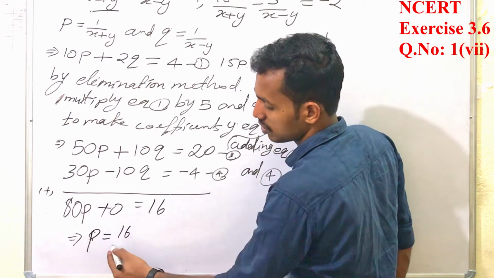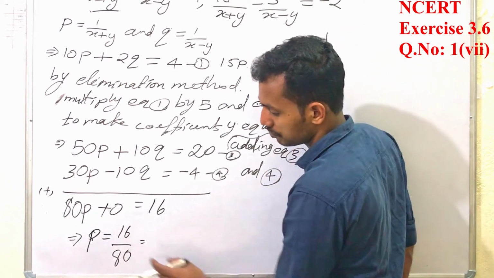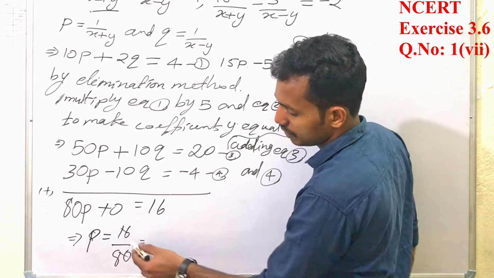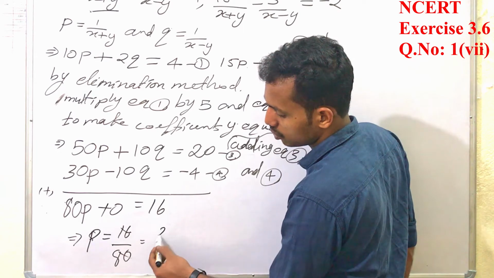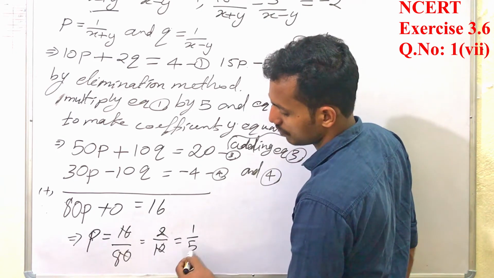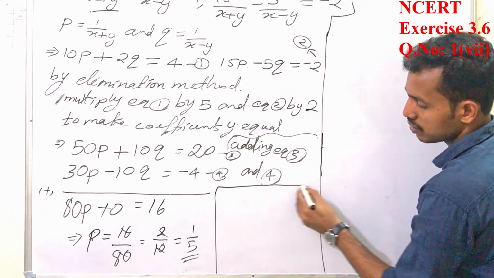So p is equal to 16 divided by 80. Cancel it. With 8, what will we get? 2 by 10. Again 1 by 5. So p is equal to 1 by 5.